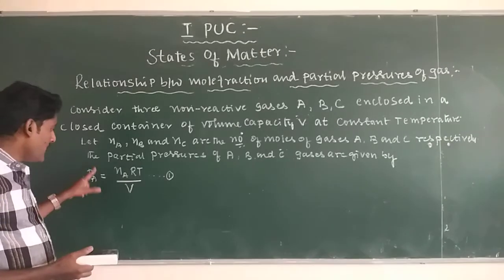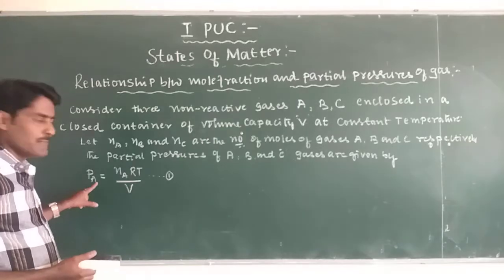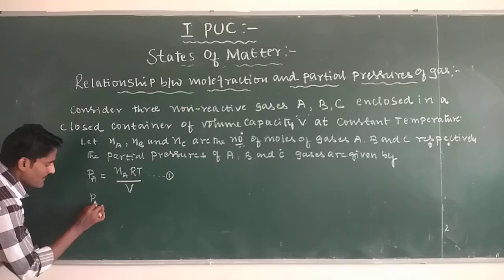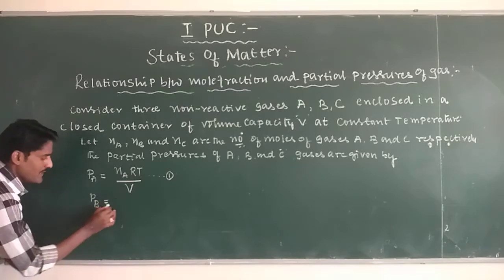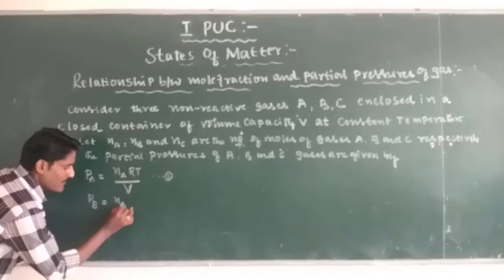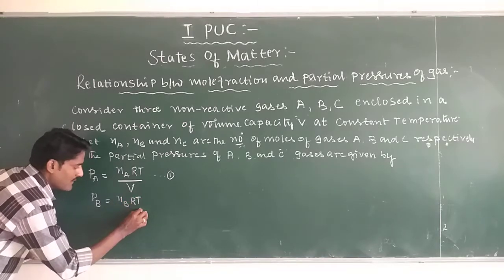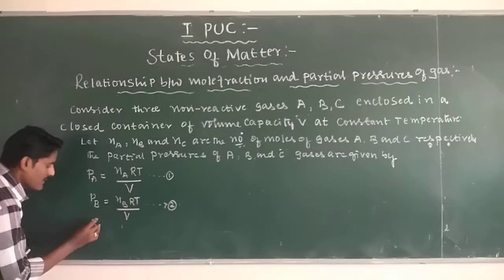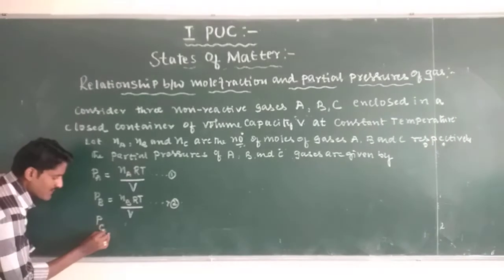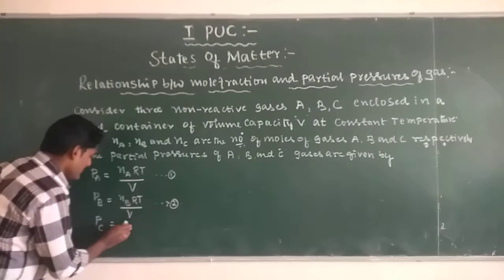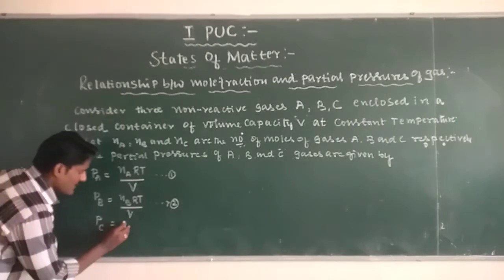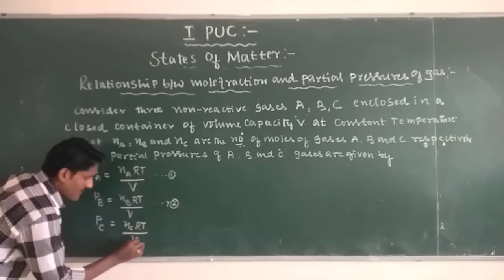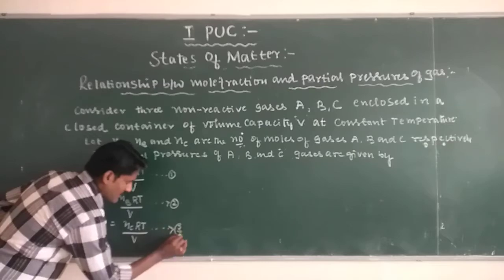Similarly, the partial pressure of gas B is given by Nb into RT divided by V. Call this equation 2. Similarly, the partial pressure exerted by gas C is Pc equals Nc into RT divided by V. Call this equation 3.